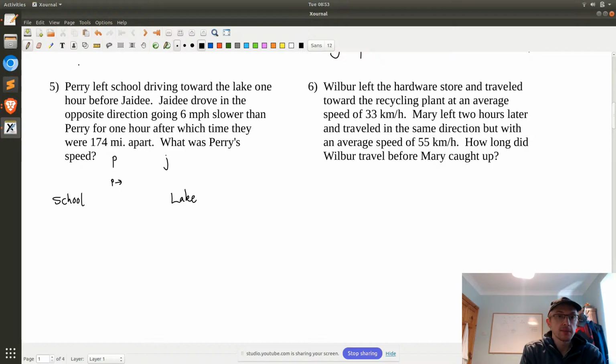P minus 6. And it's going in the opposite direction, so it has to really be the negative of that. But hold on just a sec. So that's JD's speed right there. So the gap between them is closing up.